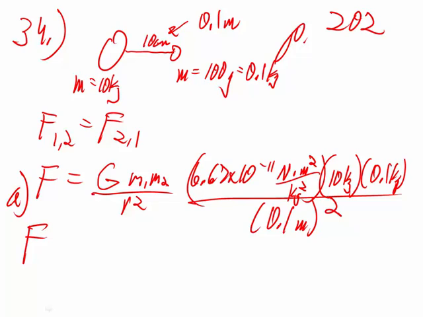And we get 6.67 times 10 to the negative 9th newtons, okay? Now we could go ahead and round that because you got two significant figures. So you could just say 6.7 times 10 to the negative 9th.